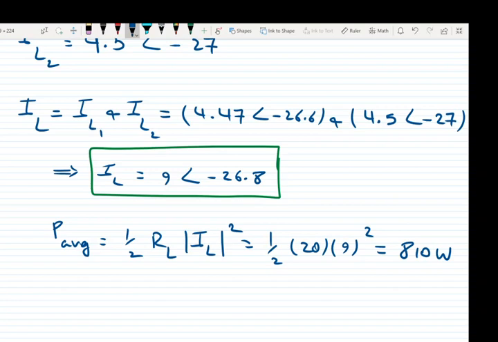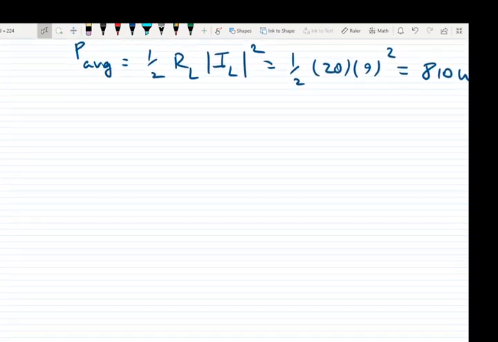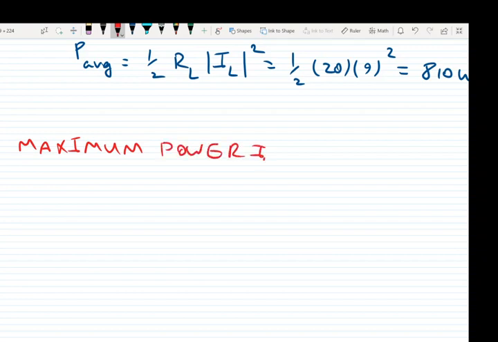But let's see what this value is in AC circuits. So we want to discuss maximum power in AC circuits.